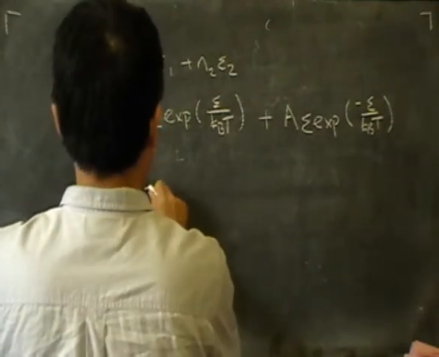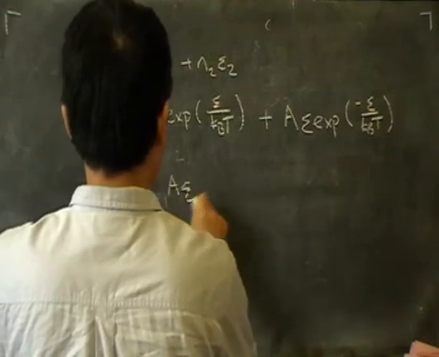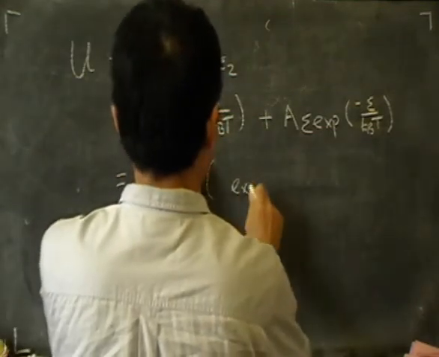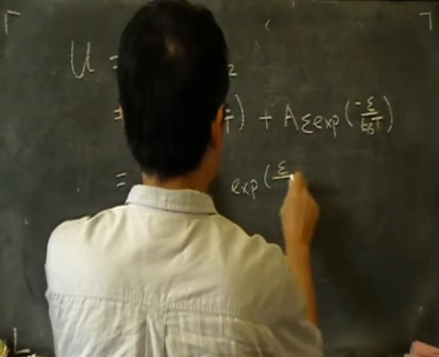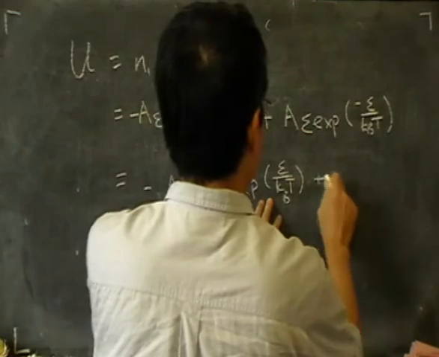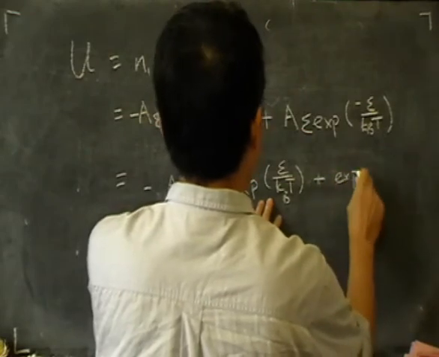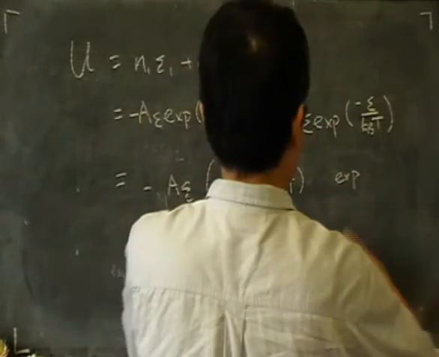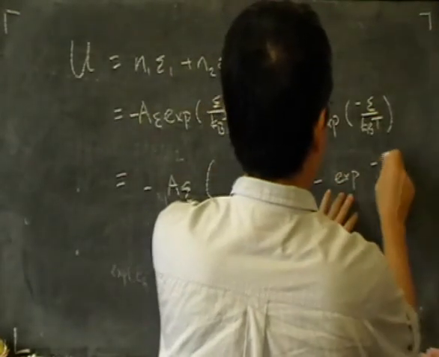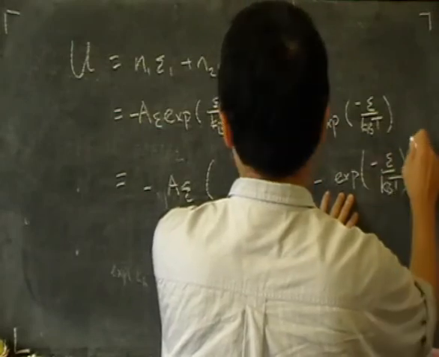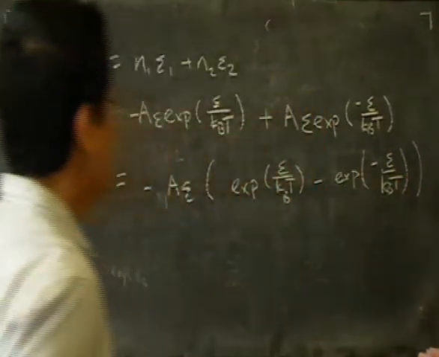Actually, I'm going to factor out minus A epsilon. Right, so I have exp, minus sign there. So that.